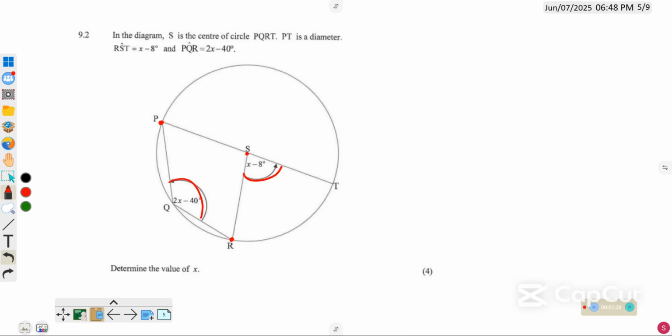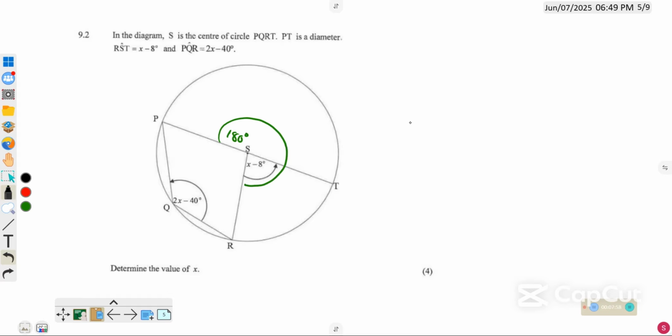But if you remember, we spoke about the diamond thing in the previous video, whereby we said this chord subtends 2 angles. It subtends this angle firstly here, and it also subtends another angle, which is this one, the reflex. So this whole angle right here, remember, this is 180 degrees, so it is going to be 180 degrees plus that smaller angle there.